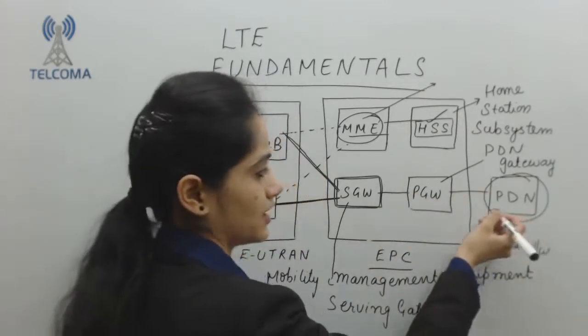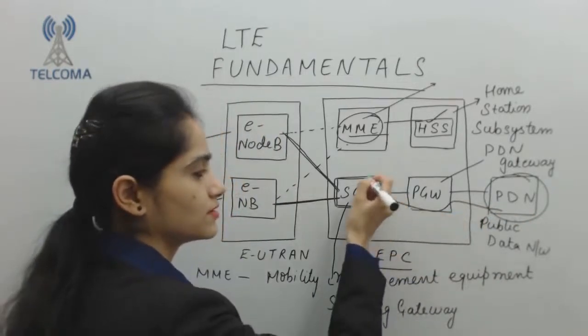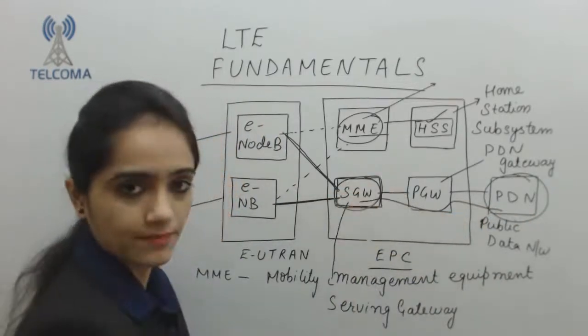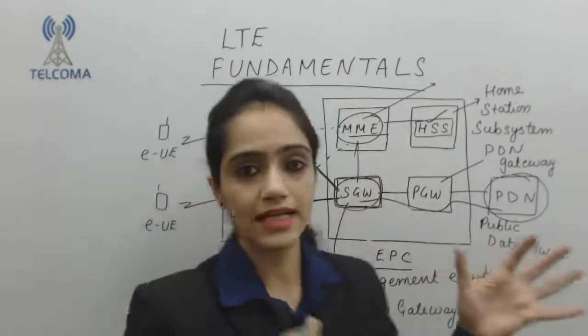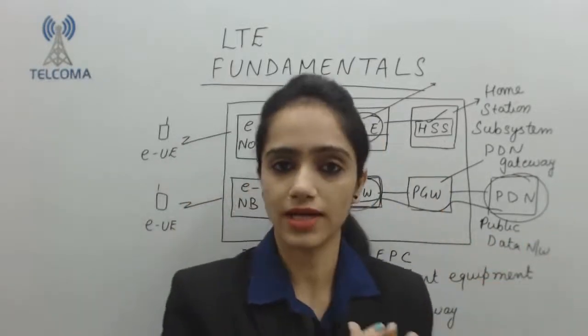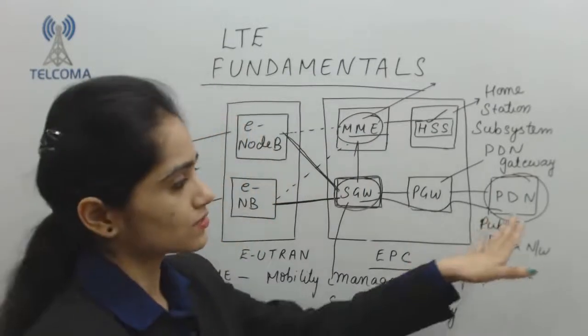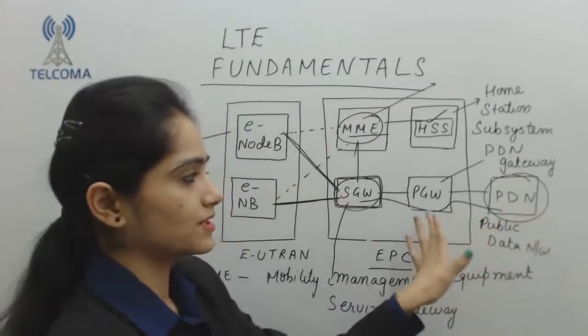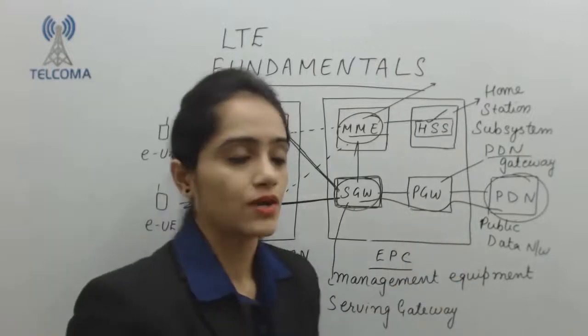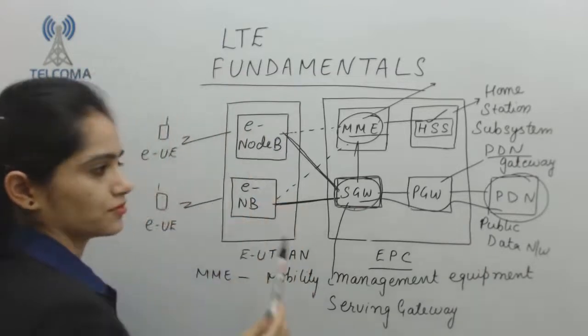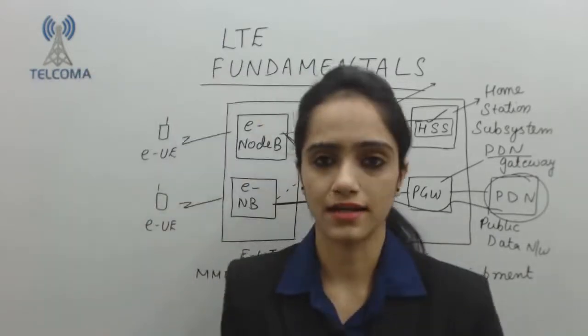When we want data, it will be routed through the serving gateway. Now the serving gateway can contact the MME also, because these are interconnected with one another in the EPC. So data will be routed from the PDN gateway to the serving gateway, and then the serving gateway will forward it to the eNodeB. That means we have 1, 2, 3, 4 nodes in between, and I get the data.